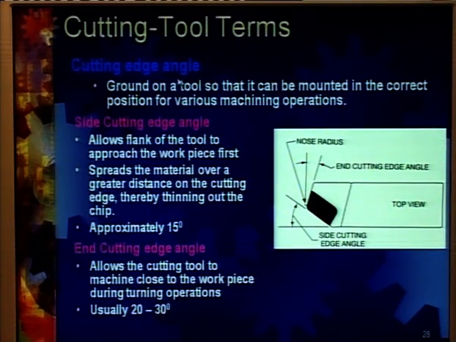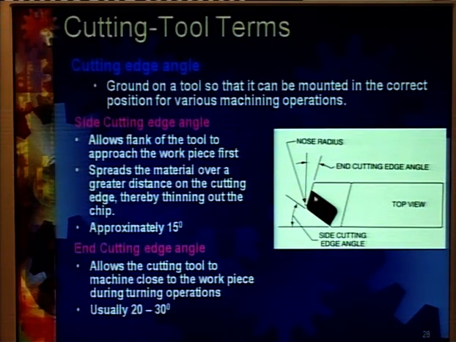The cutting edge angle is ground on a tool so that it can be mounted in the correct position for various machining operations. There are mainly two cutting edge angles. One is the side cutting edge angle, which is the angle over here, and the other is the end cutting edge angle.